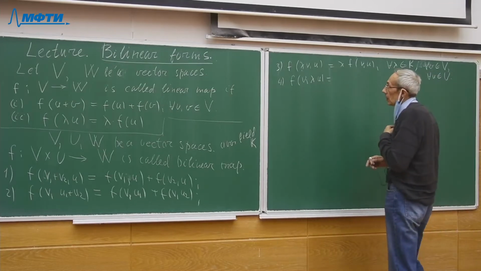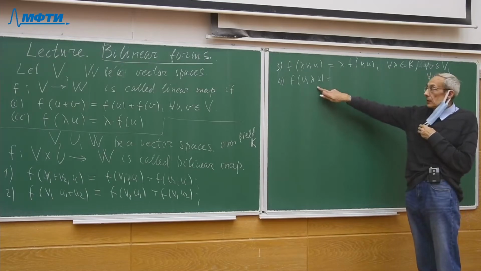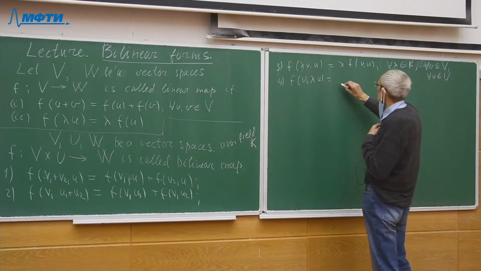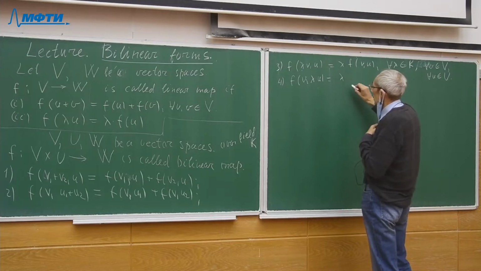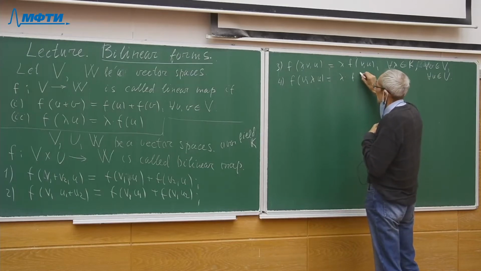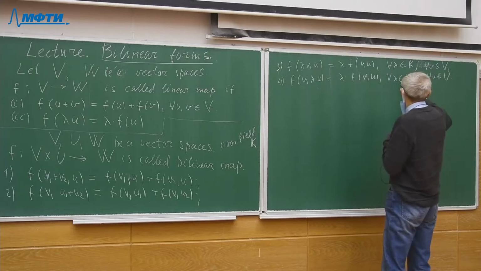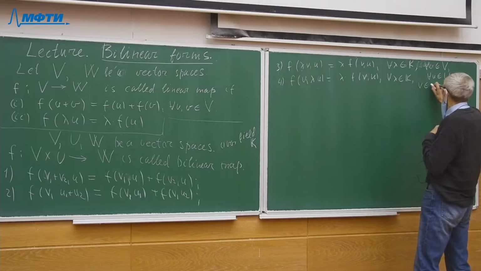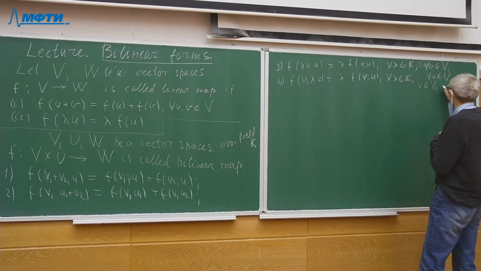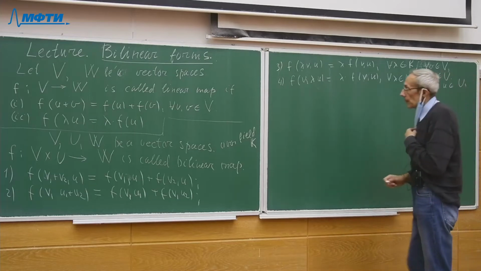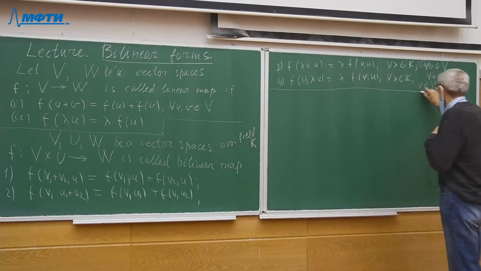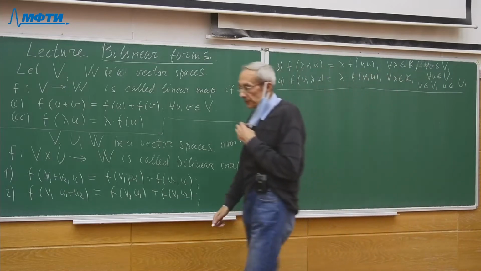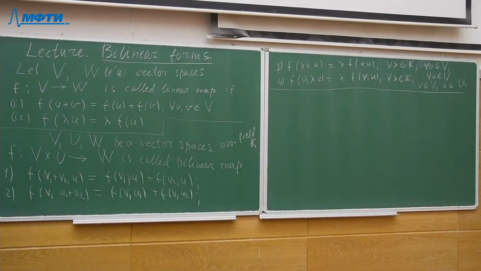If we apply our bilinear map to the ordered pair v, lambda u, we must obtain the product of the scalar lambda and f(v, u), for any lambda from k, v which belongs to the capital V, u belongs to the capital U. And we obtain the definition of the bilinear map.